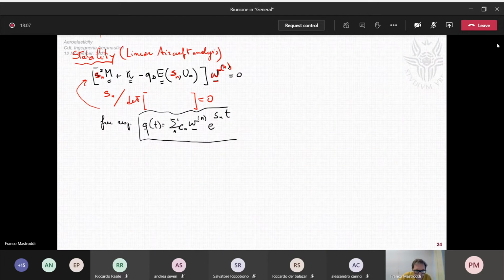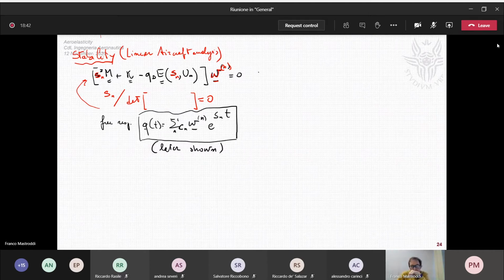This demonstrates that these Sn are exactly the key constants necessary for demonstrating the stability or instability of the system. So we have to solve this problem. I will show you this later, but at the moment we have to solve this equation.